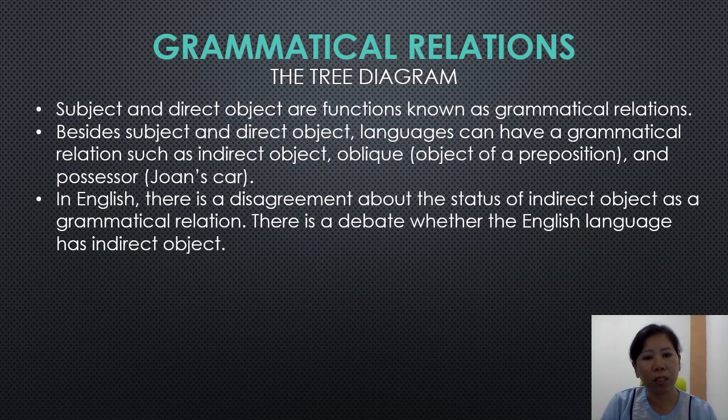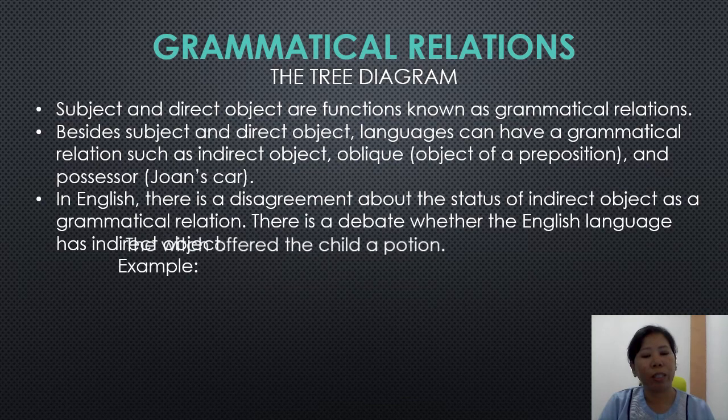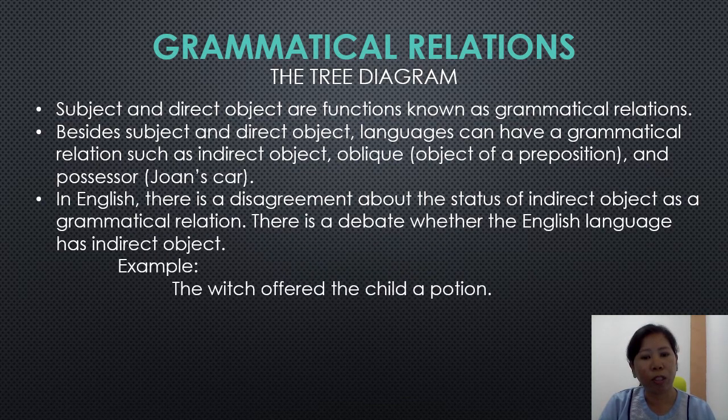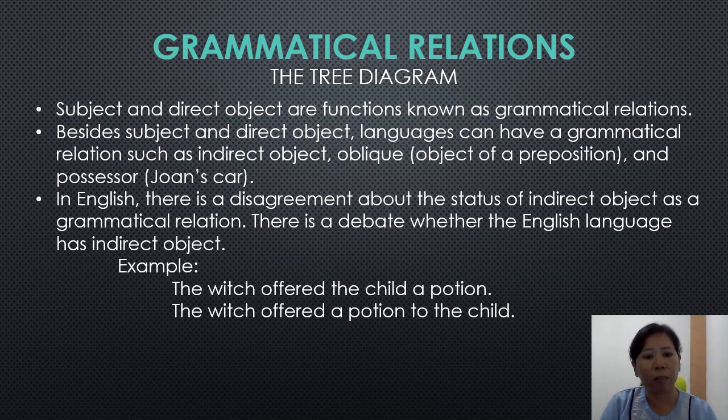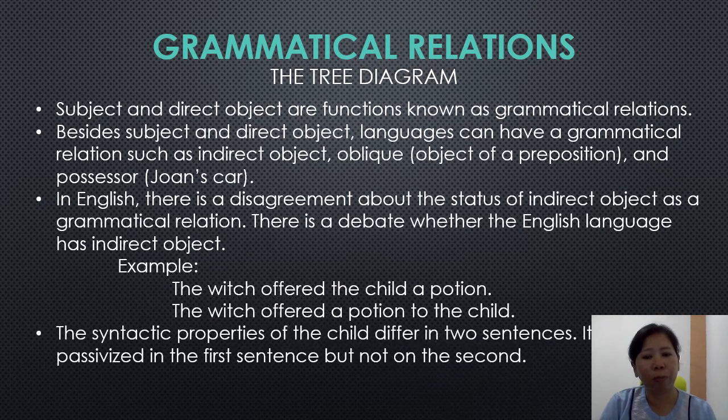In English, there is a disagreement about the status of indirect object as a grammatical relation. There is a debate whether the English language has an indirect object. For example, the witch offered the child a potion. And the other sentence is, the witch offered a potion to the child. So we can transform the second sentence to a simplified one: the witch offered the child a potion.